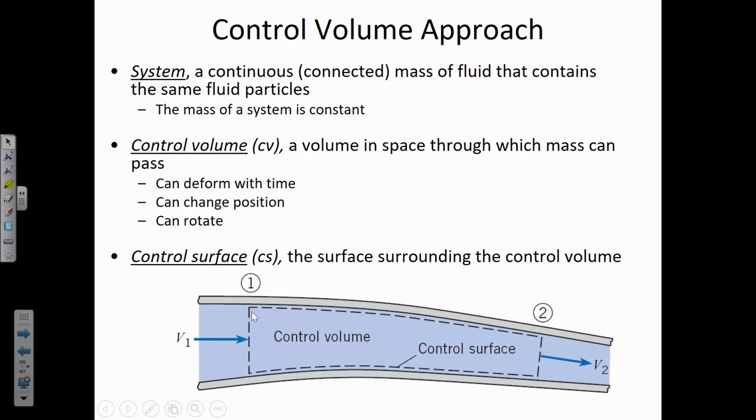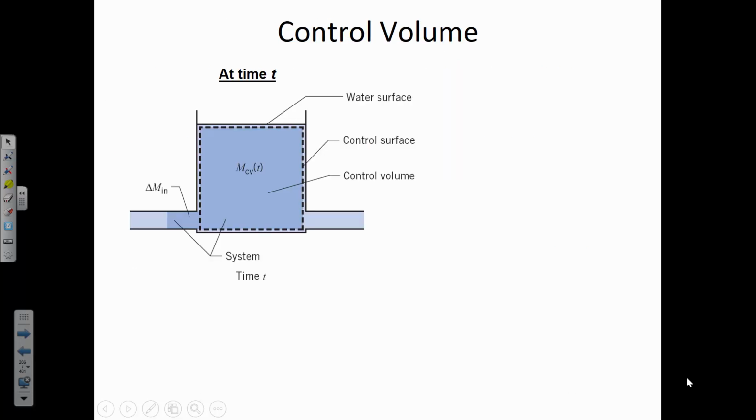So the control volume approach is looking at accumulation of mass inside of a control volume. And so this is kind of the way that we can apply the types of problems.